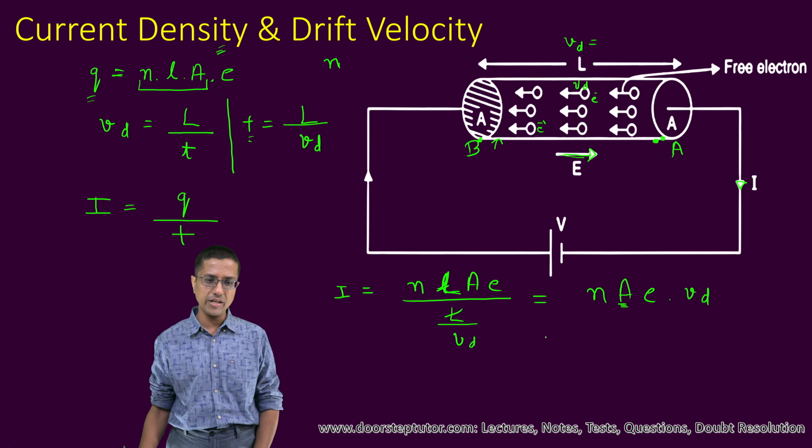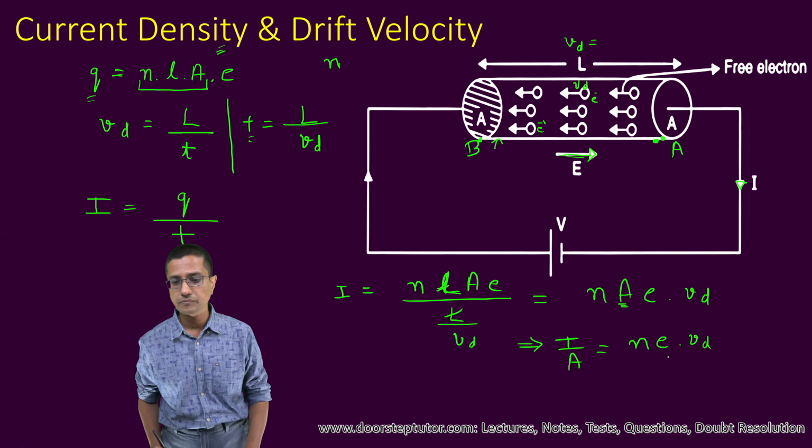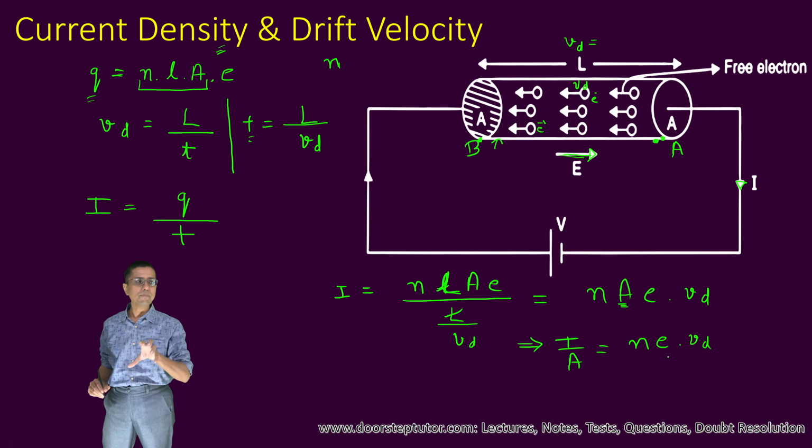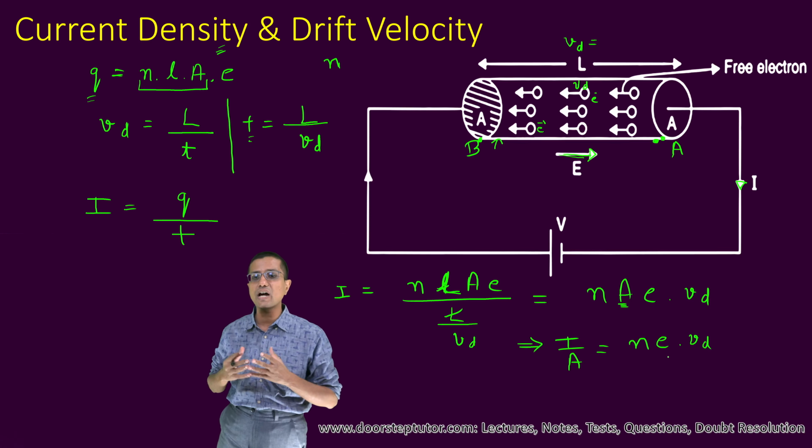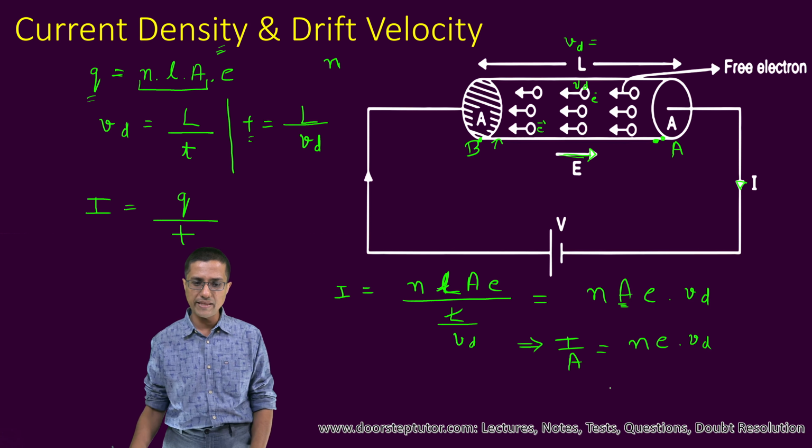Now if I bring A on the other side, I get I by A is equal to n e Vd. This I by A, that is the current per unit area, is defined as current density. It is denoted by the symbol J, and it is of course a vector.